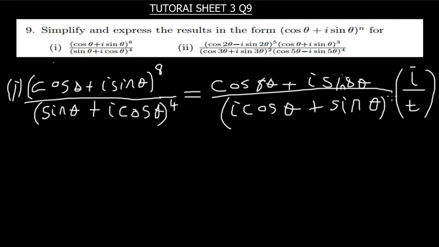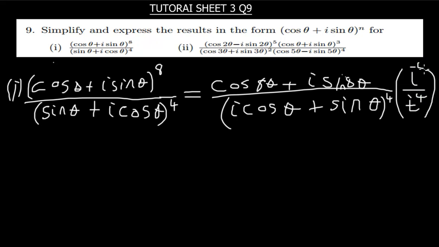So this is raised to the power 4. When I look at this, it is i, and it is raised to the power 4. If I want this i to enter inside the brackets and multiply with what is inside, I'm going to raise it to the power 4 as well.